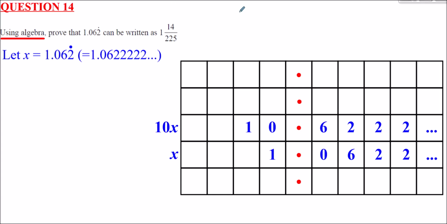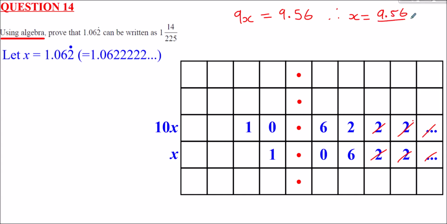That would be fine. That would give you 9x equals, and then if we're taking away, this would cancel, that would cancel, and so on. We're just left with 10.62 minus 1.06, which if you tried on your calculator would give you 9.56.